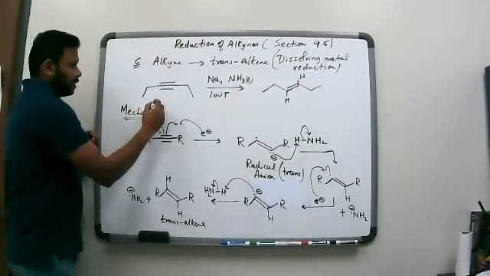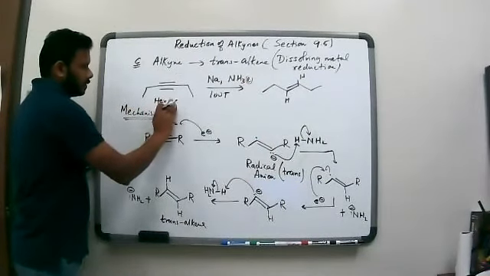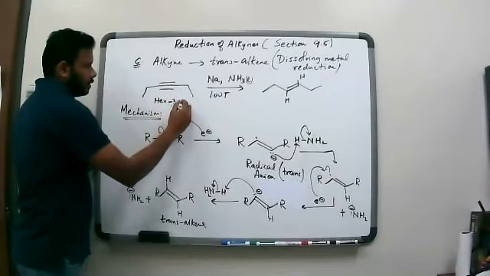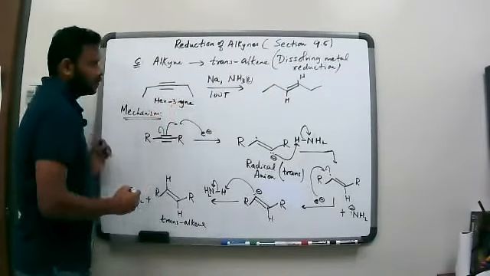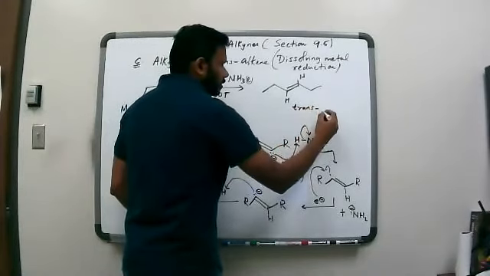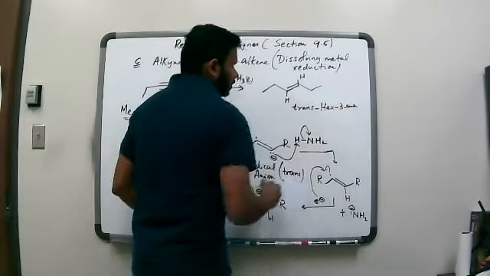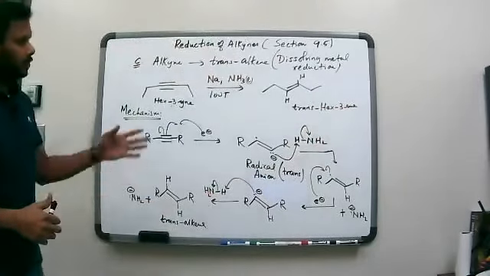So this is hex-3-yne again. And what we have here is trans-hex-3-ene. Okay, so we get the trans-alkene.